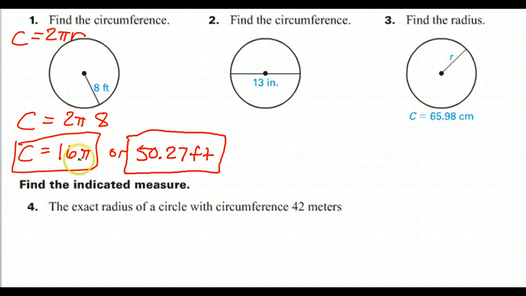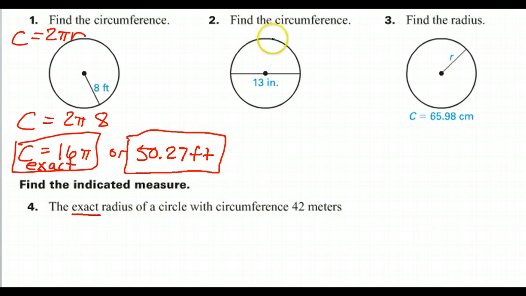This form with the pi in it is exact. So if you ever see the directions say, give me the exact answer, they're meaning none of this 3.14 business, no rounding with a decimal. Leave pi in your answer, so there's no rounding, it is exact.